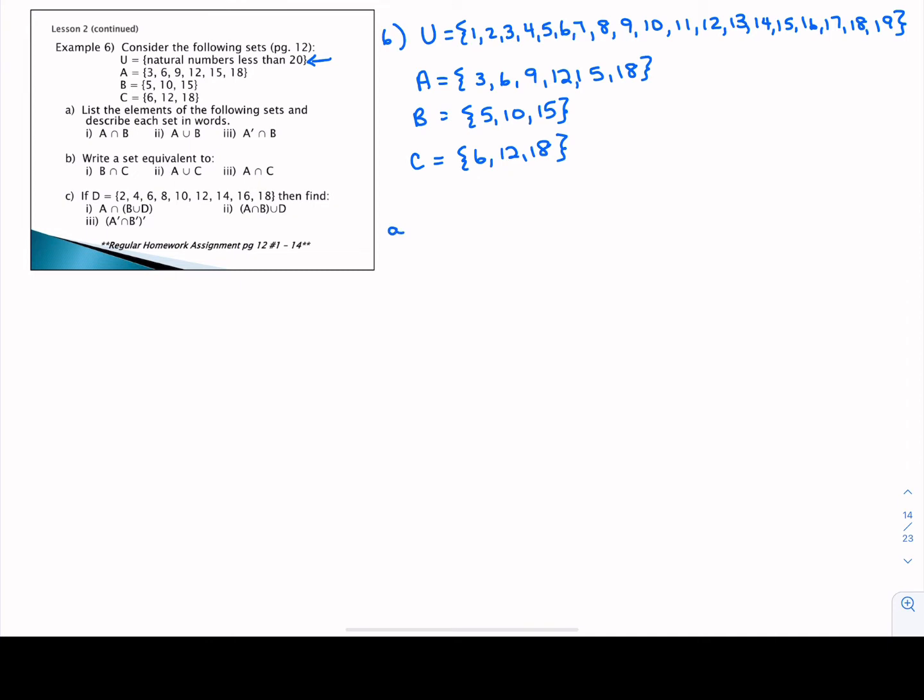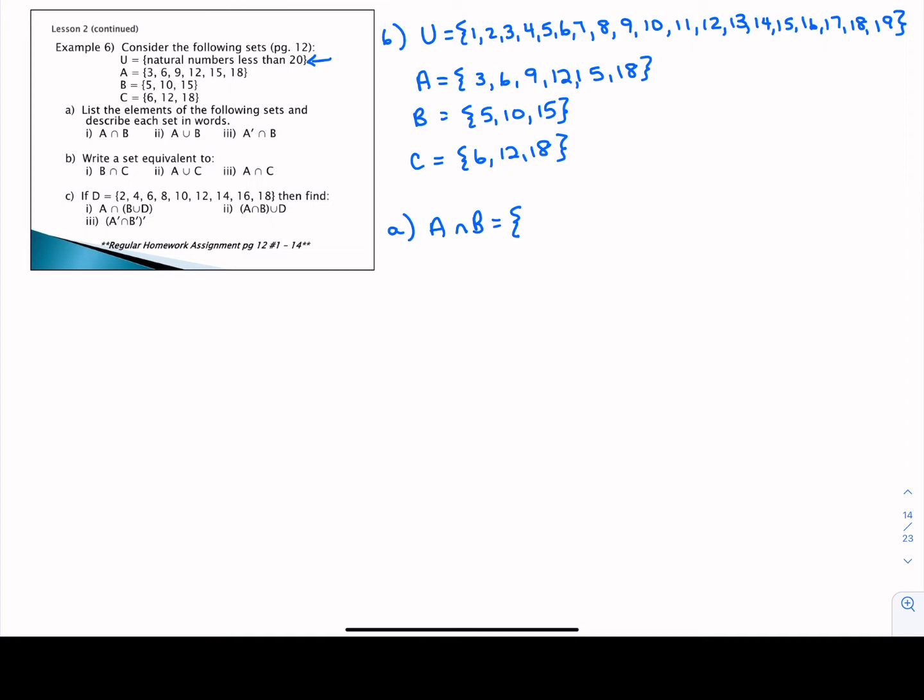Part A says list the elements of the following sets and describe each set in words. So if I want to know what A intersect B is, what that means is I want to include any elements that are in both A and B. So they have to be in both sets.